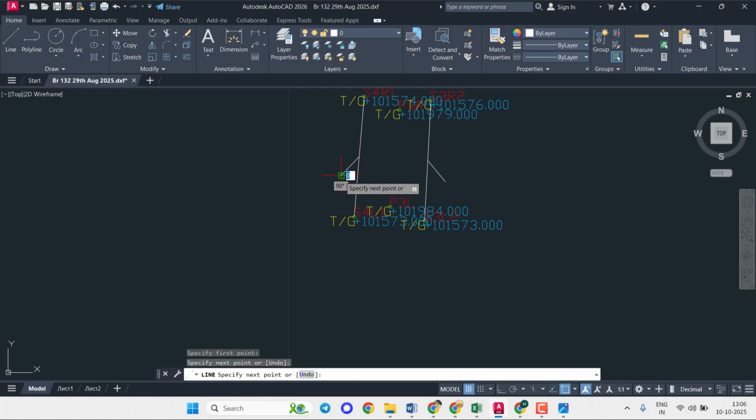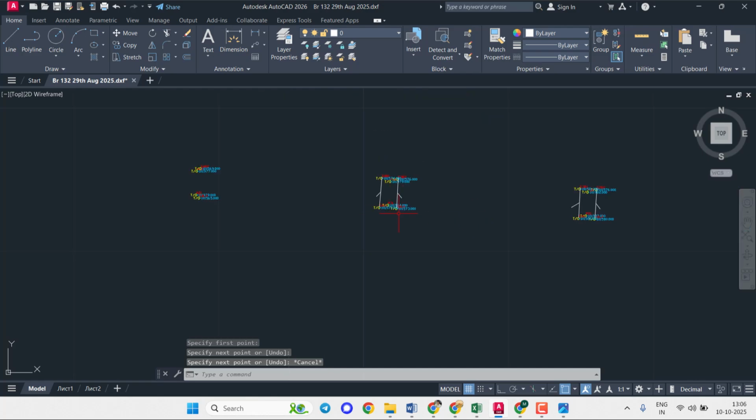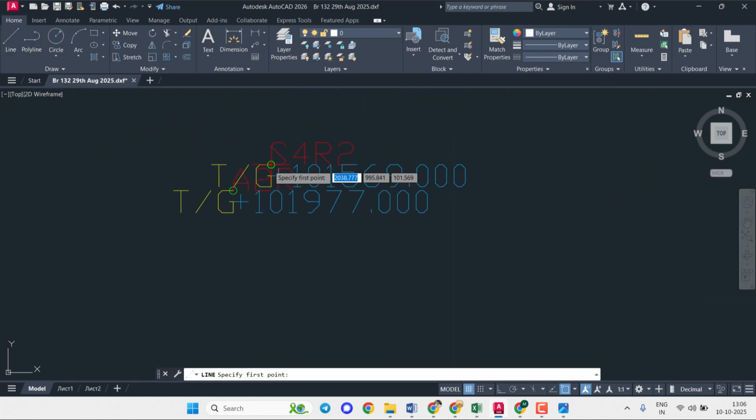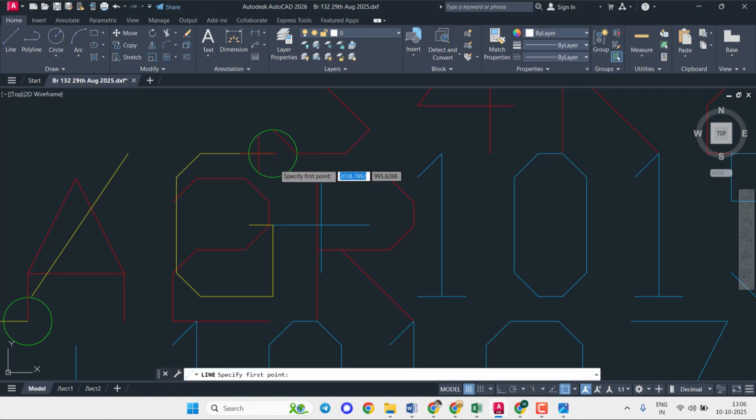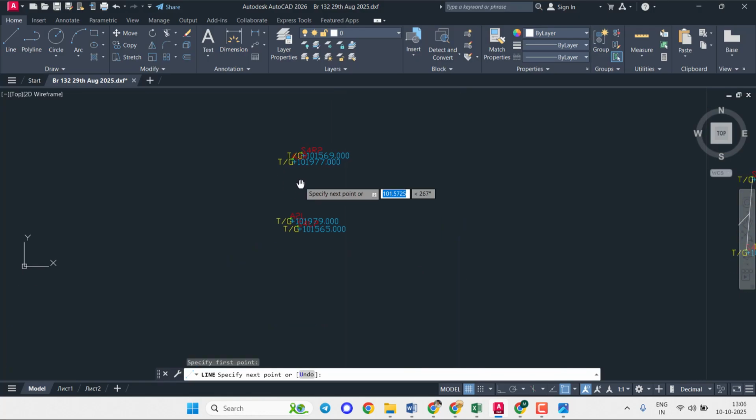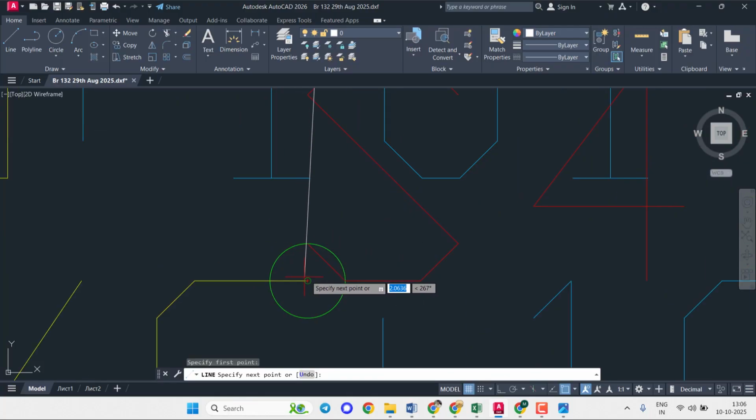Don't think that you don't know how to operate AutoCAD. Sometimes it just does not respond. It kind of hangs. I see it's not detecting. Now it's detecting. Alright.